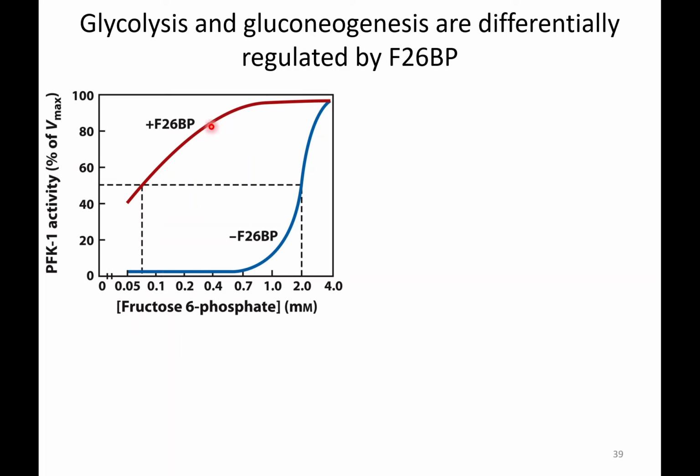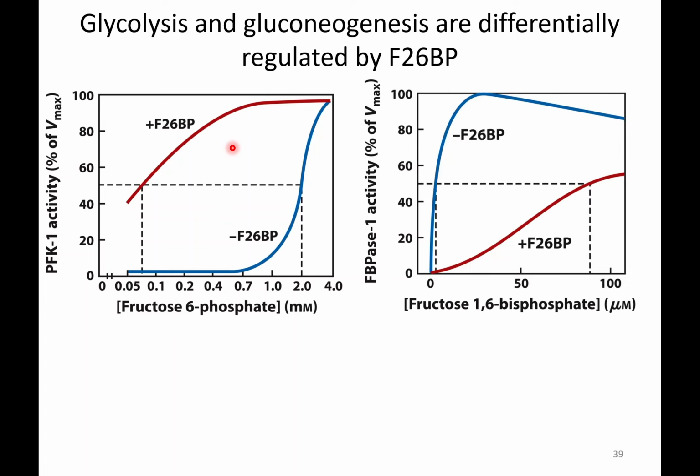When fructose 2,6-bisphosphate is present, the binding of the substrate by PFK1 increases greatly, which increases the rate at those lower substrate concentrations. So F26BP is turning PFK1 on, turning glycolysis on.